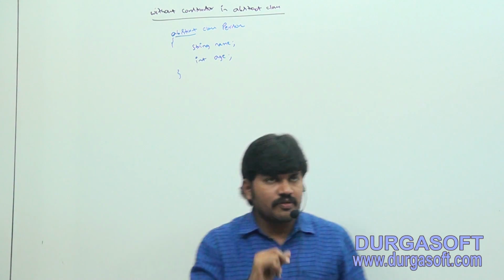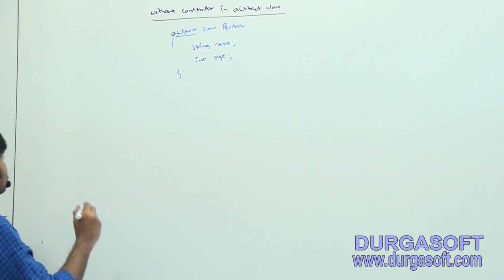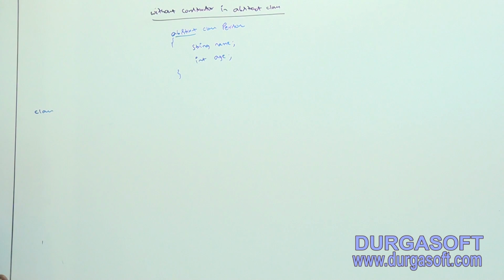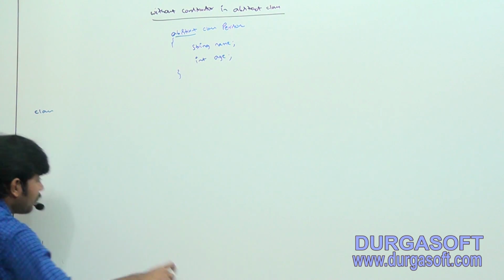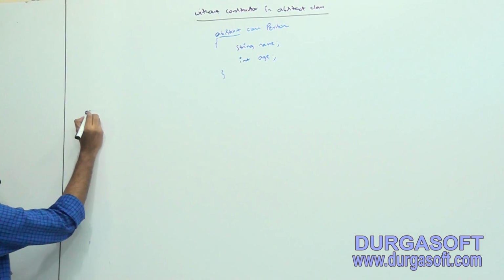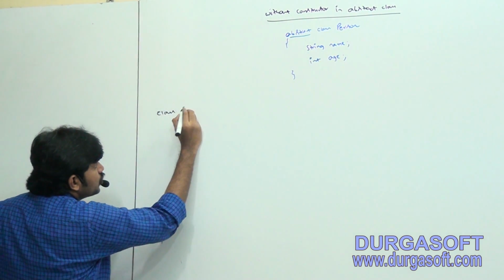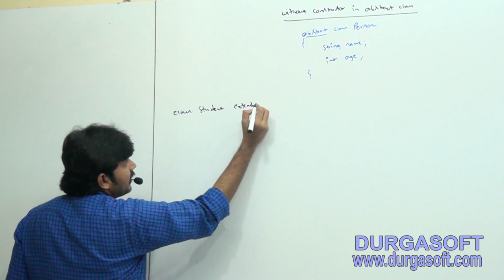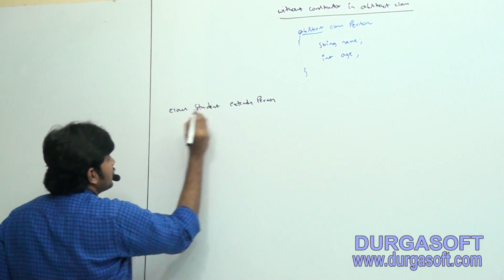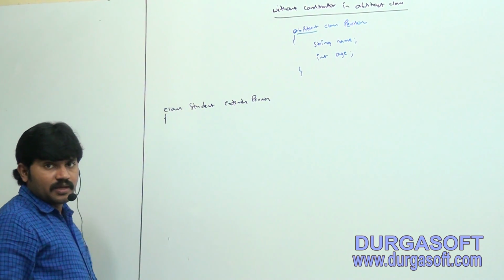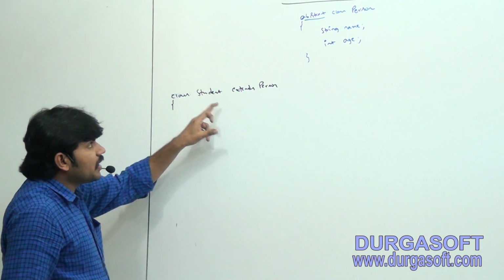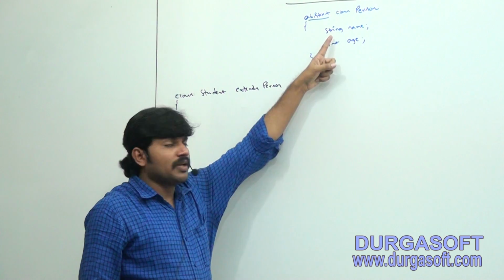I have to explain. Now observe, for this person, there are several child classes I can take. Sir, here I am taking class student extends person. Observe carefully, class student extends person. So automatically for the student, these two properties will come or not?